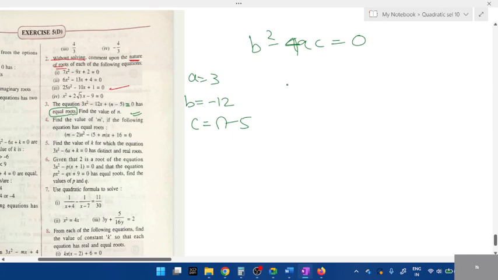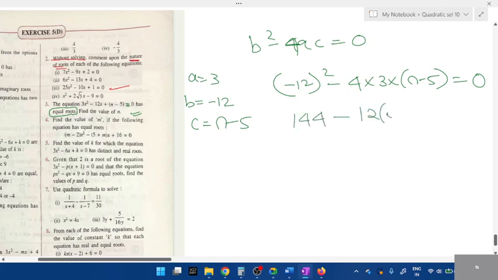Make a note. Okay, completed. Minus, find the value of n.